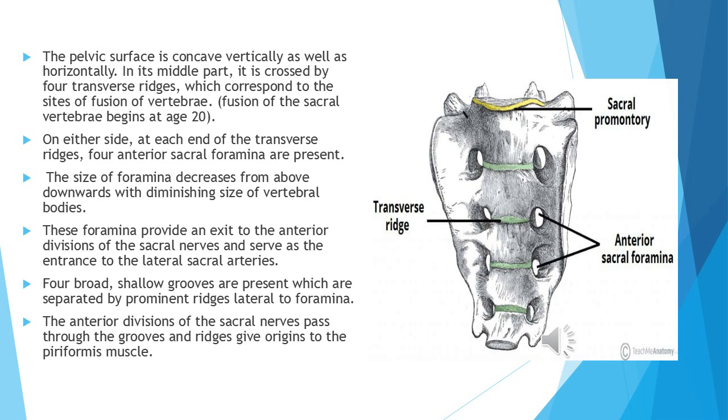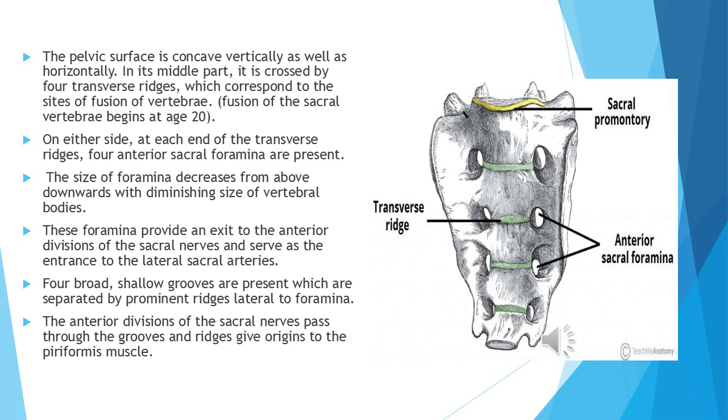Coming to the median area of this pelvic surface, what you can see is marked by four transverse ridges. These four transverse ridges indicate the lines of fusion of the bodies of the five sacral vertebrae.